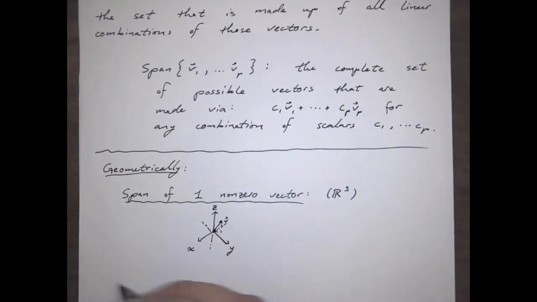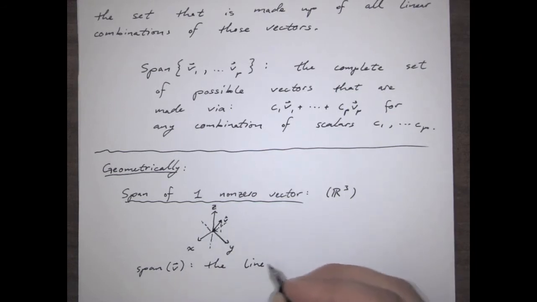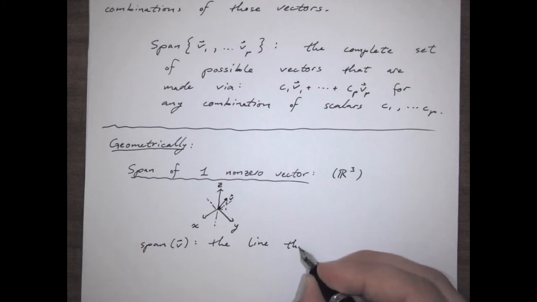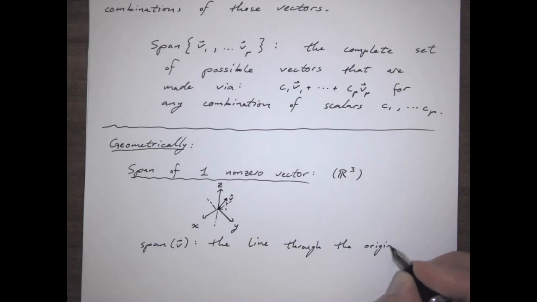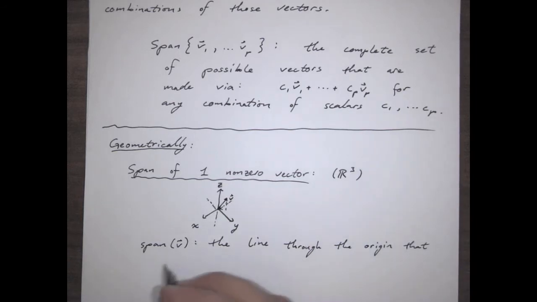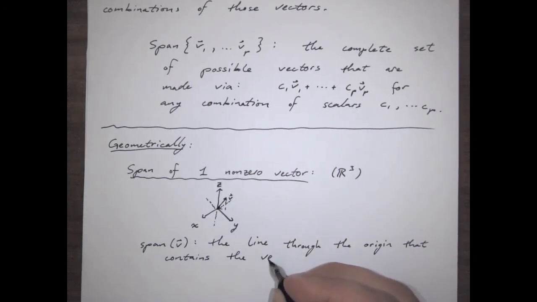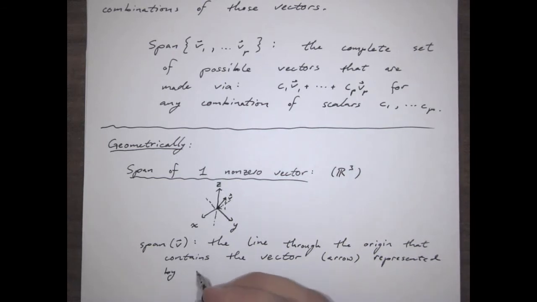So then the span of v would be the line through the origin that contains the vector, in other words, the arrow, represented by v.